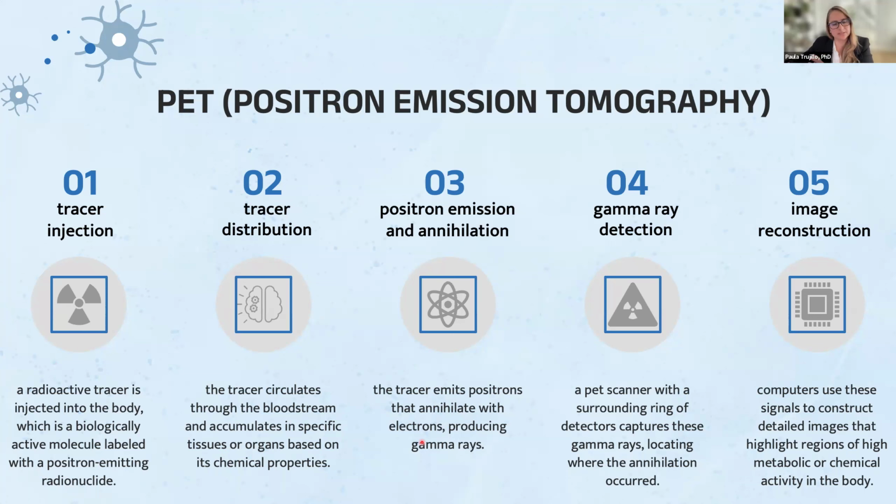This tracer emits positrons that annihilate with electrons, producing gamma rays. And the PET scanner detects these gamma rays, and this information is used to reconstruct information about function, and particularly metabolic chemical activity in the body.